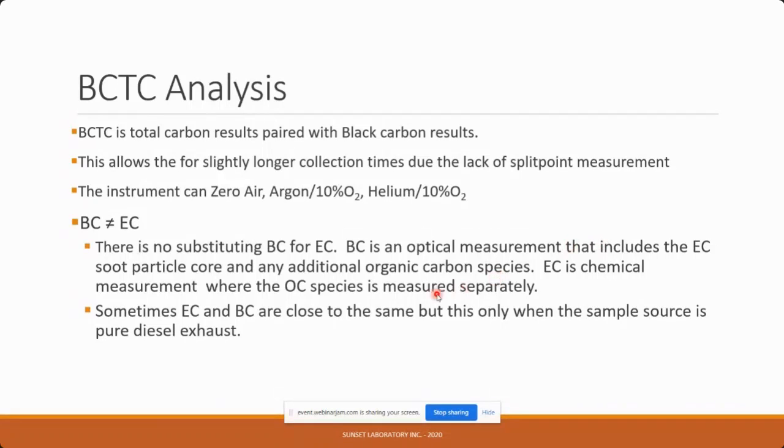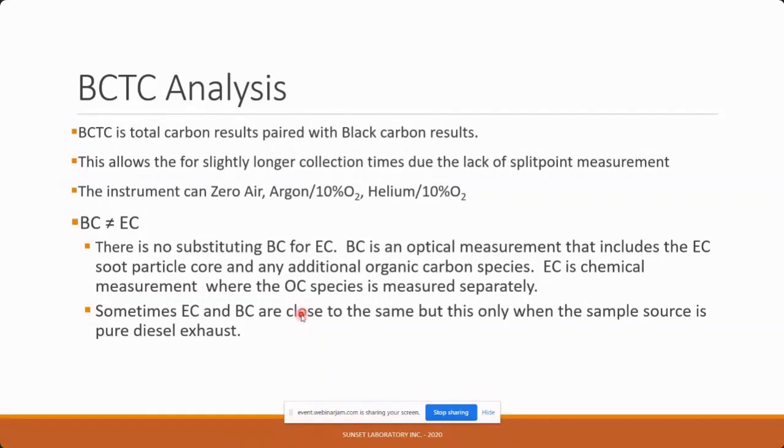But it's also important to know, I like to say, that EC and BC can be very similar at certain locations where you might have a pure diesel exhaust source.